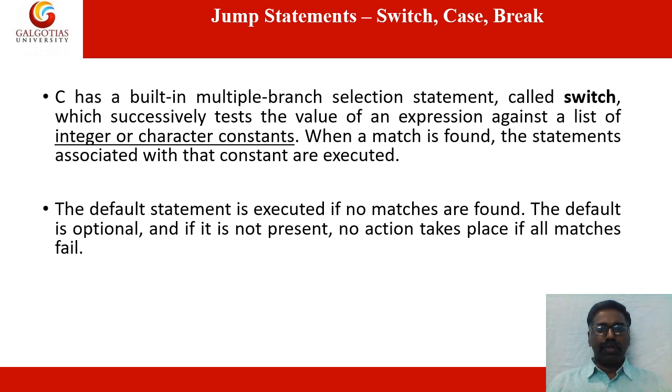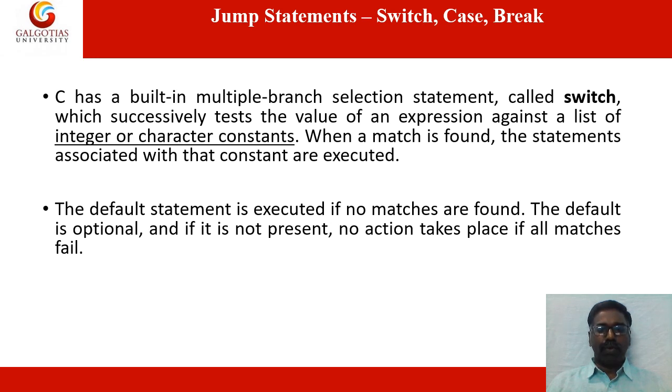First, we start with the jump statement, that is switch case break, which is also called the case control structure. C has a built-in multiple branch selection statement called switch, where a successive test value is used against a list of integer or character constants.